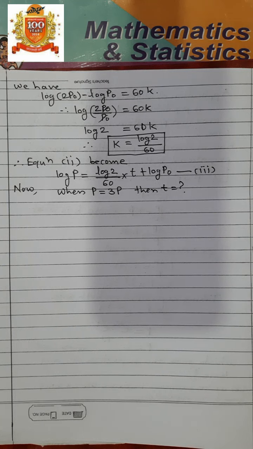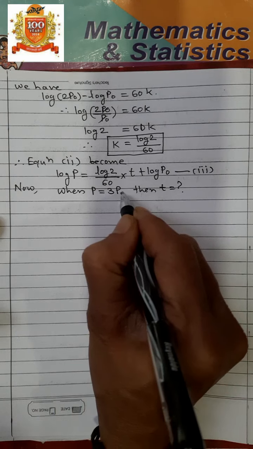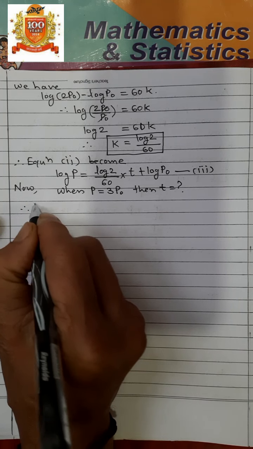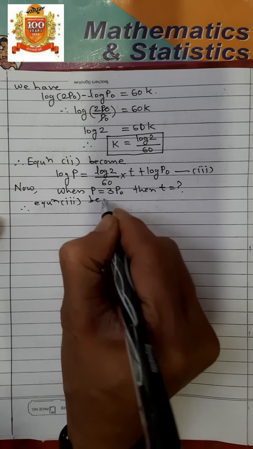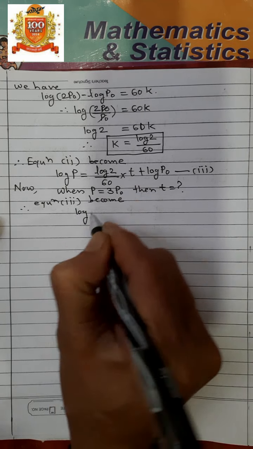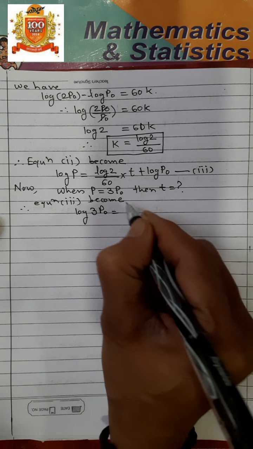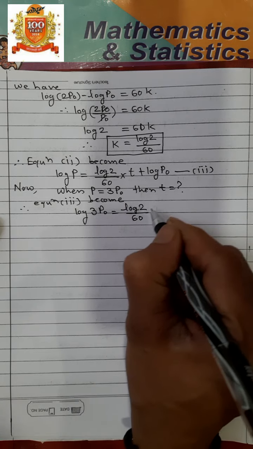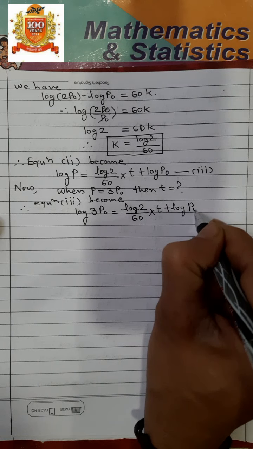Here we have to find the time when the population will be triple of the original population. Therefore, equation 3 becomes log of 3P0 is equal to log 2 upon 60 into t plus log of P0.